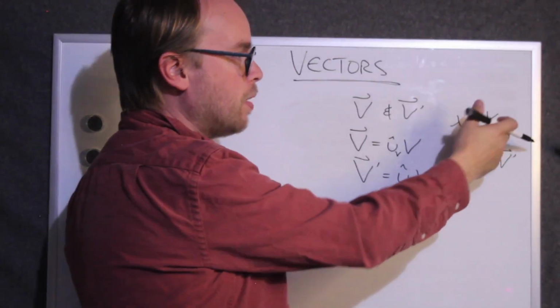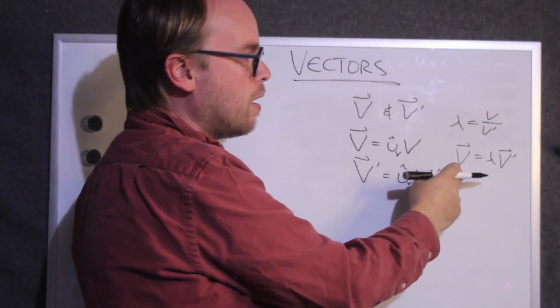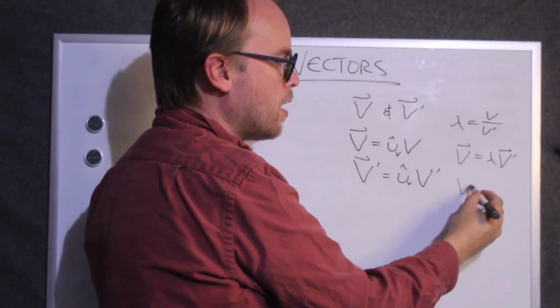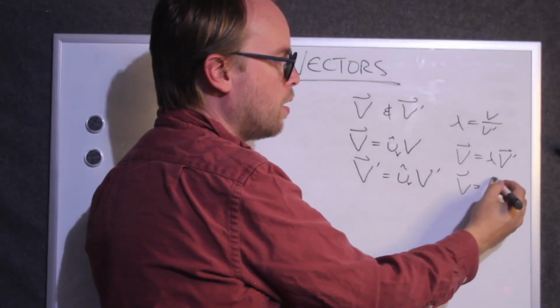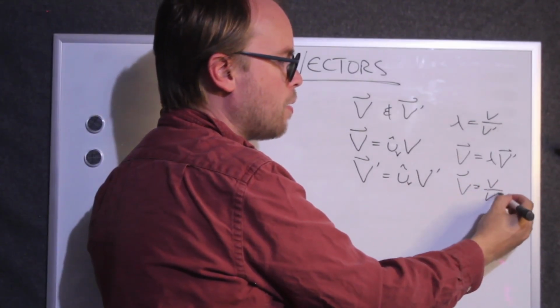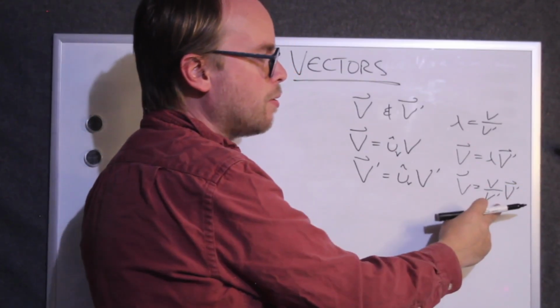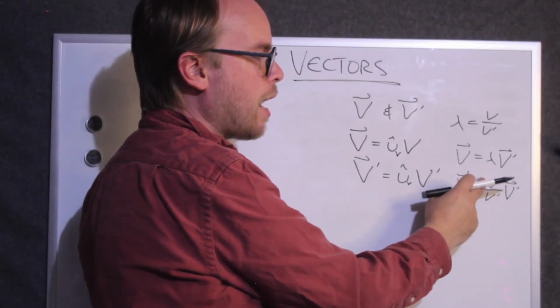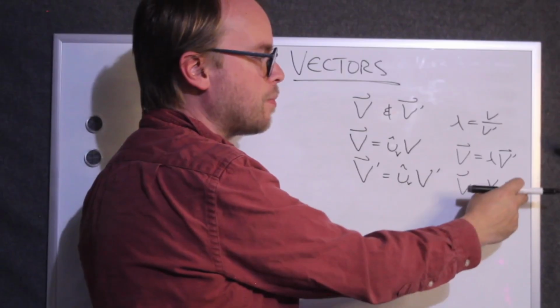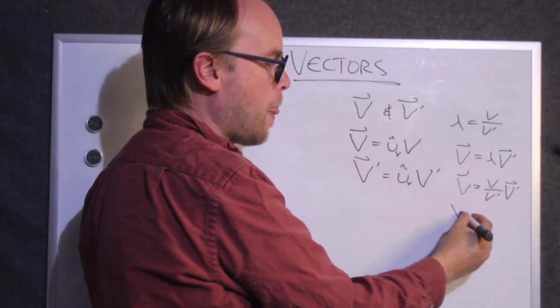This is the multiplier, right? So if we substitute this in, we have v equals v over v prime times v prime. Well, the magnitude of v prime is going to fall out, and we're just going to have the magnitude of v times the unit vector of v prime, right?